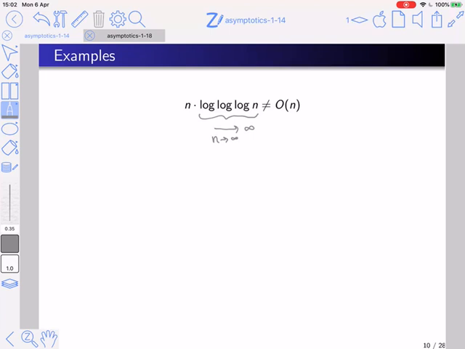Okay, because if I were to try to bound n times log of n by some constant times n, and I were to divide by n, then I would get that this function needs to be bounded by a constant, which it isn't. And therefore, it does not hold that n times log of n is big O of n.